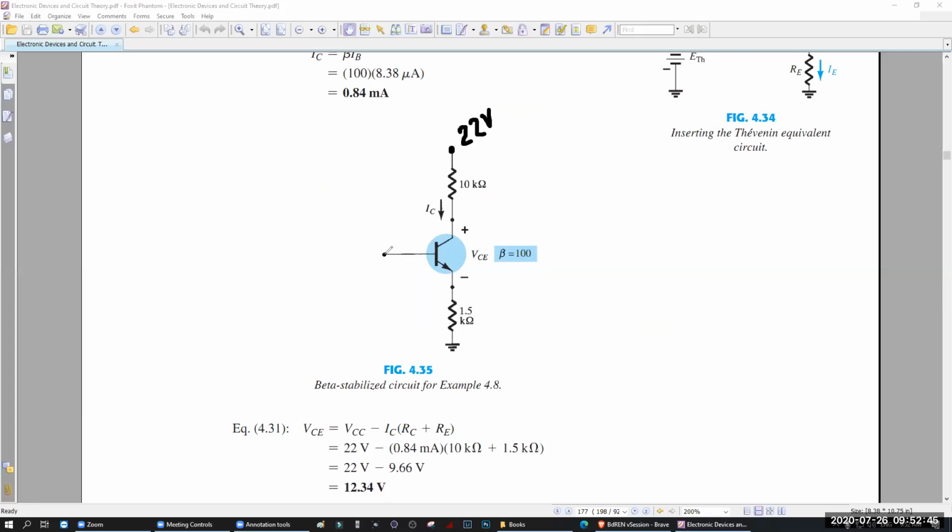Here you will have a resistor, that is your RTH, and that is your ETH. What is the value of RTH? 3.55 kilo. What is ETH? 2 volt. Understand? Yes. So now bring back your circuit. This is your circuit now.